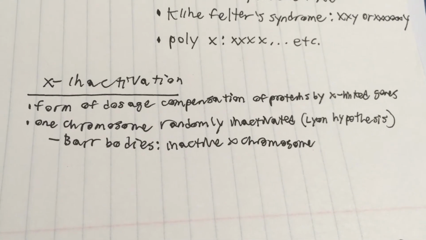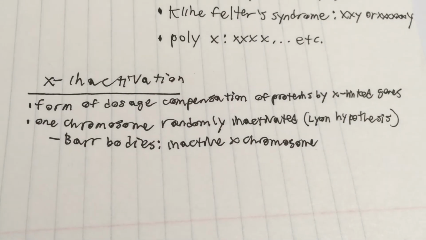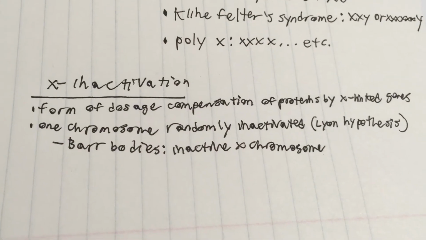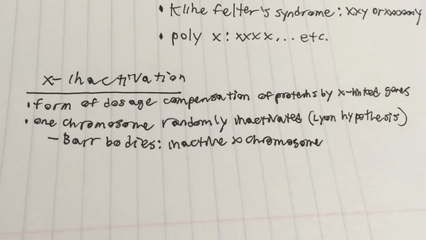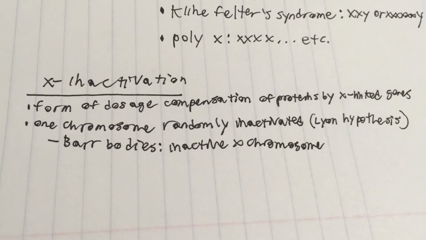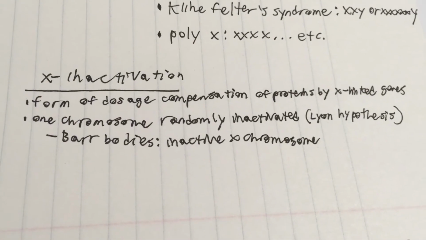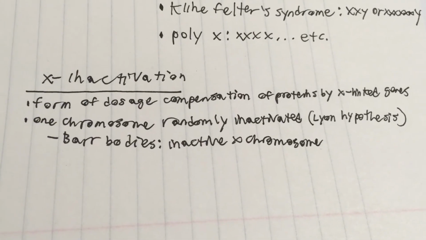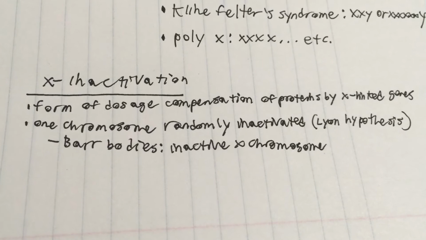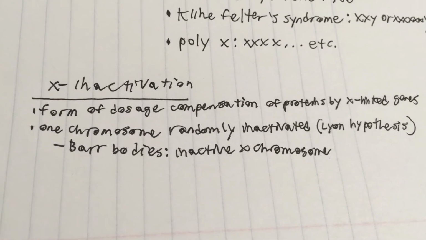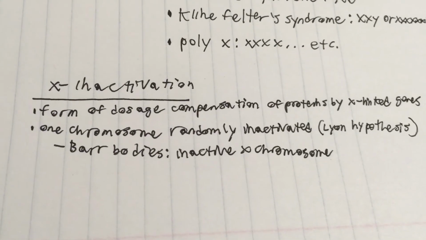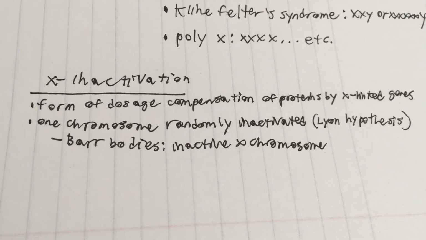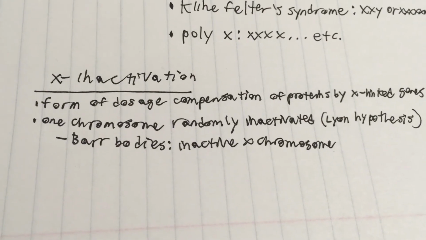Later, that was found to be true using an experiment where they would stain the nuclei of the cells, and they found these chromosomes that were dark stained, while the other one was not. And these dark stained chromosomes were called bar bodies. These are the inactive X chromosomes.